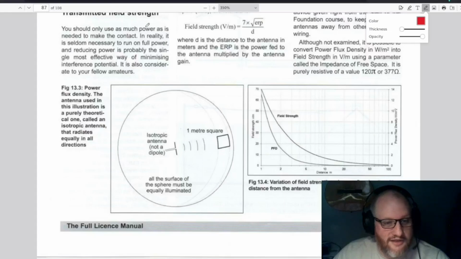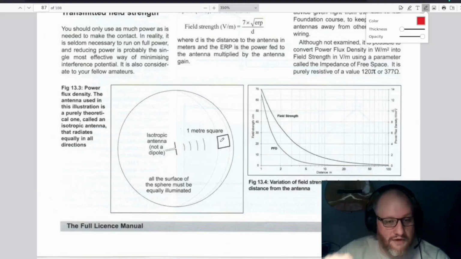There is a great diagram of this in the full license manual. We can see we've got a sphere which contains in the center of it an isotropic antenna, not a dipole, but the ideal isotropic antenna, the perfect antenna, and it is emitting a signal which is illuminating the inside of that sphere.